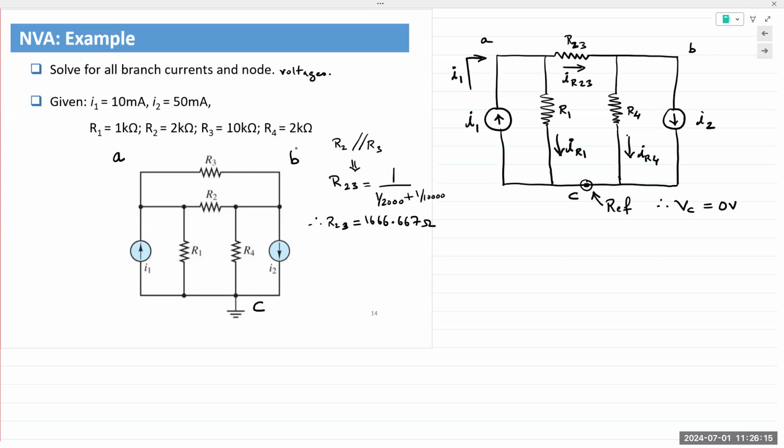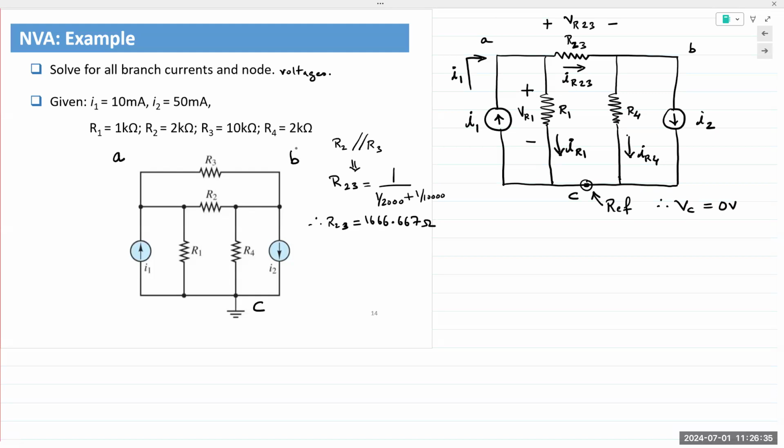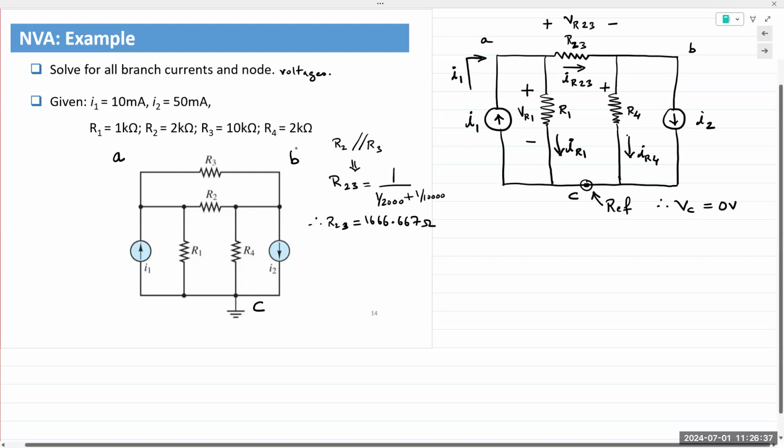Okay. All right, so then I'm going to write down the voltages. VR23 would have a plus on the left, minus on the right. VR1 would be plus at the top, minus at the bottom. And VR4 would also be plus at the top, minus at the bottom.